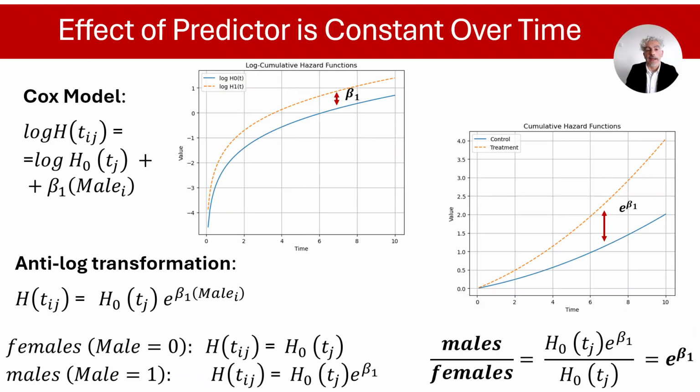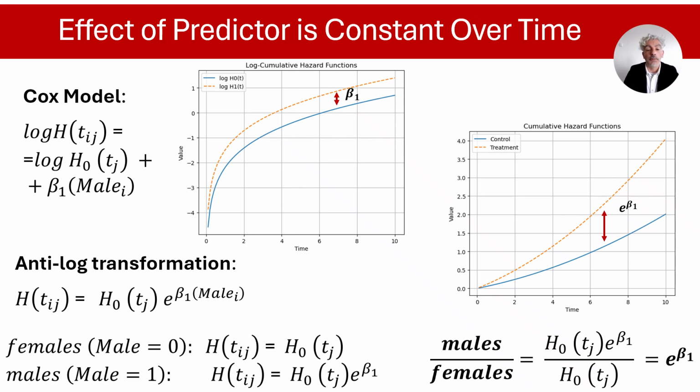But even then, I need to highlight that the Cox model assumes a constant effect of the predictors over time, even if the cumulative hazard function derived from the model is not equidistant. And this is because, first of all, the model is built up from considering the log cumulative hazard function you see on the top of this slide.